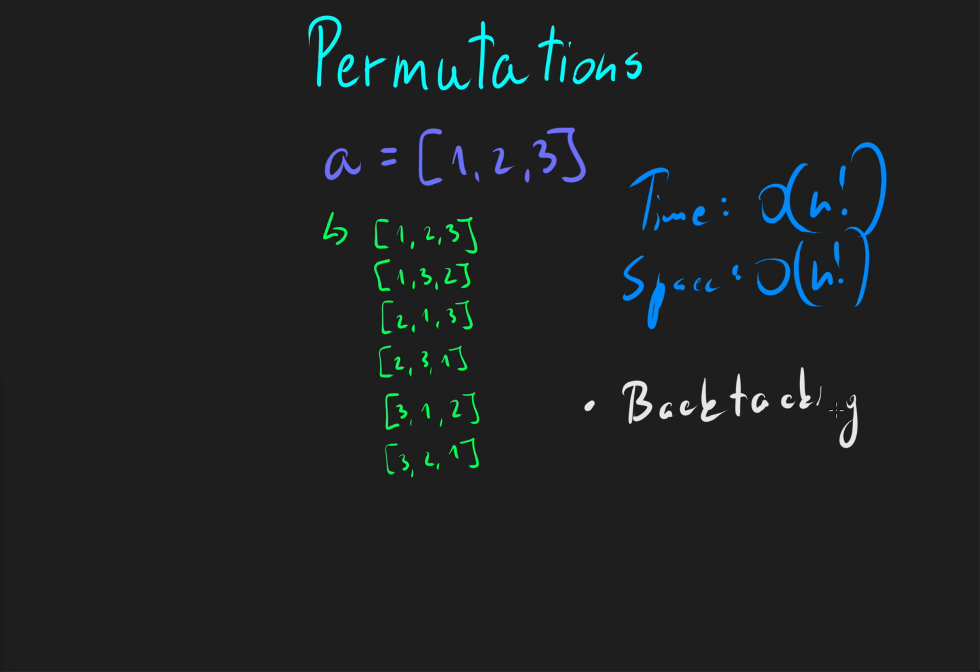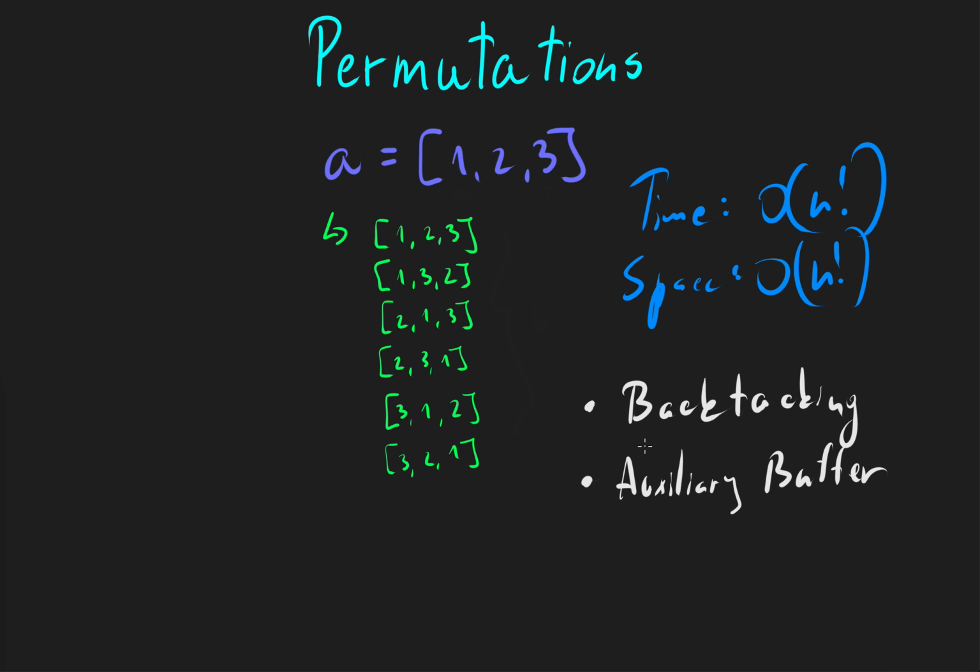And we'll look at another example of solving this using an auxiliary buffer. These two patterns can be used in many different problems, so it's really good to know both, right? Both backtracking and using an auxiliary buffer.